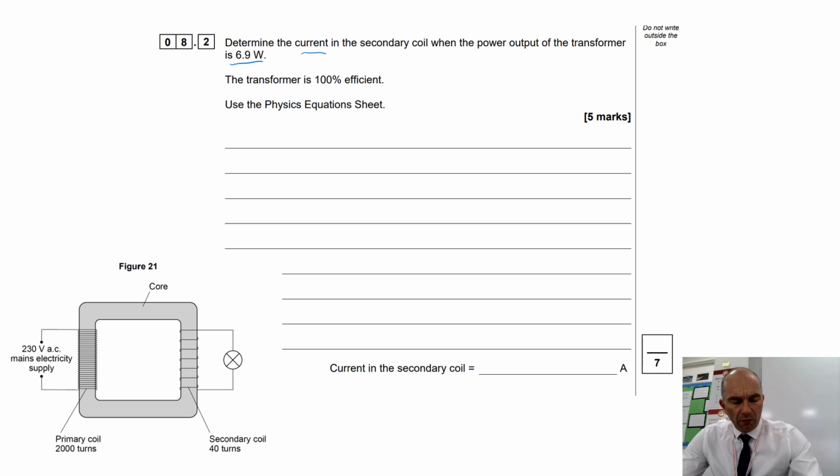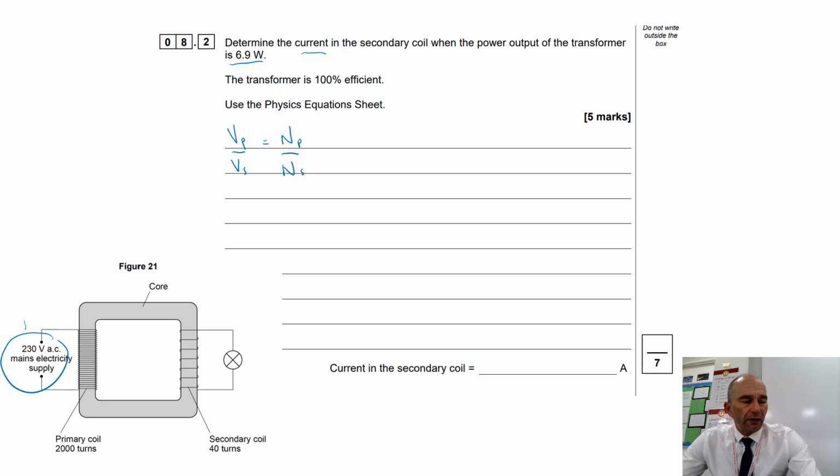Now, I've shown the transformer setup with a number of coils on the primary and the secondary part of our transformer. We've also got the 230 volts from our mains electricity. Now the formula we're going to use in this particular case is the potential difference in the primary coil divided by the potential difference in the secondary coil equals the number of turns on the primary coil divided by the number of turns on the secondary coil.